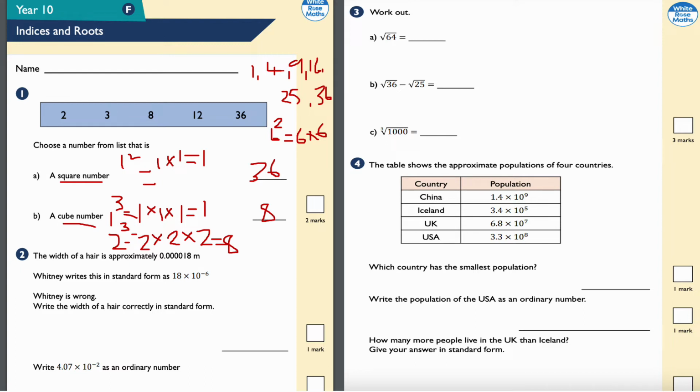But it has to be a number between 1 and 9. So if I look here, I'm jumping 1, 2, 3, 4, 5. So it's 1.8 times 10 to the negative 5.